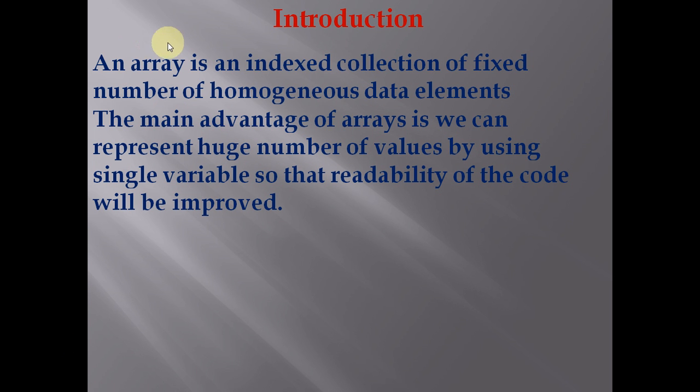Afterwards, it says it's an indexed collection. So what basically is an index? With the help of an index, we can access the elements inside the array. So say if I have to access the first element of the array, then I have to use the index 0. So the first element of the array has an index 0.